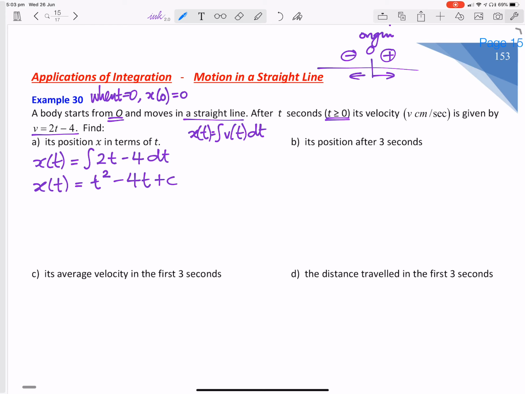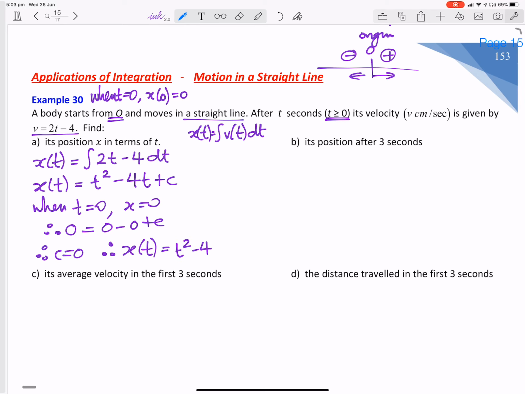And we know when t equals 0, x equals 0. So therefore 0 is equal to 0 minus 0 plus c. So c equals 0. Therefore our displacement, or our position at any time, x of t is equal to t squared minus 4t.